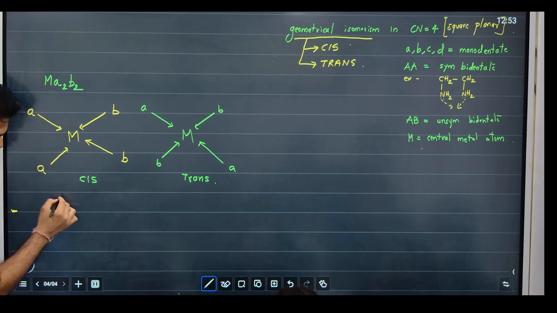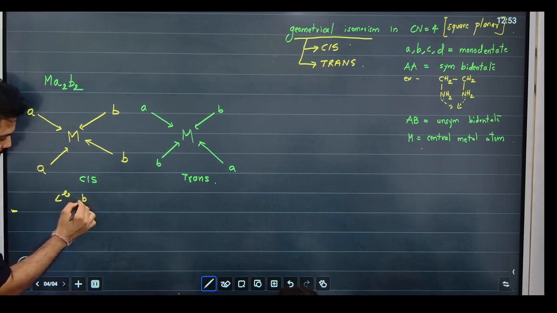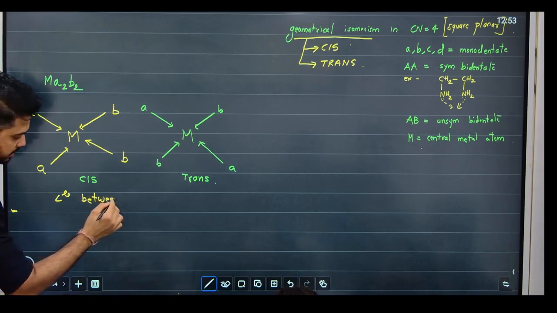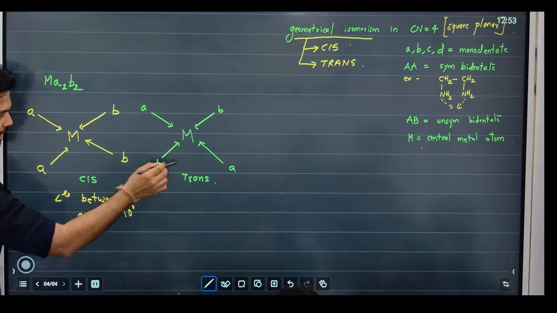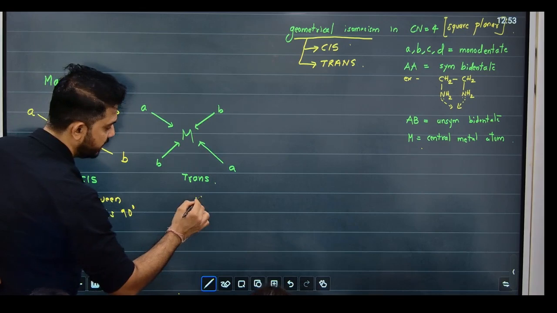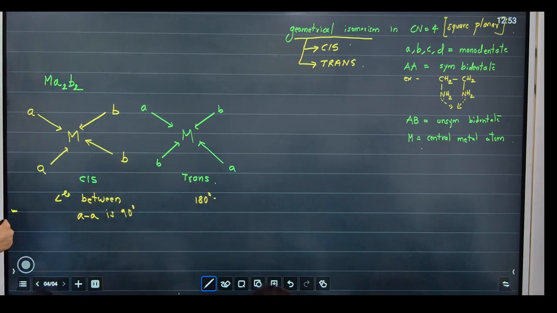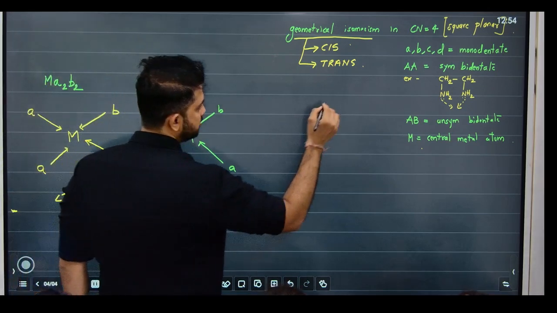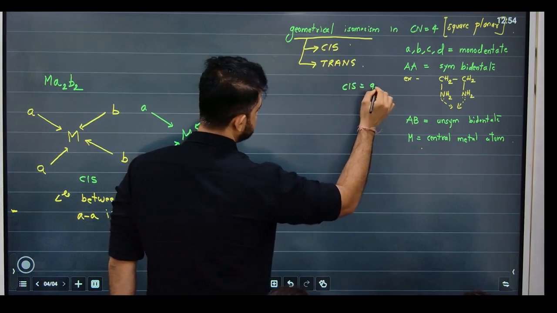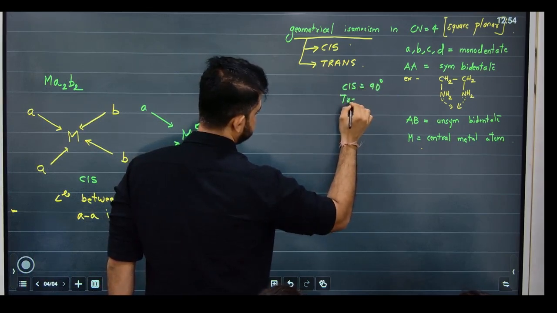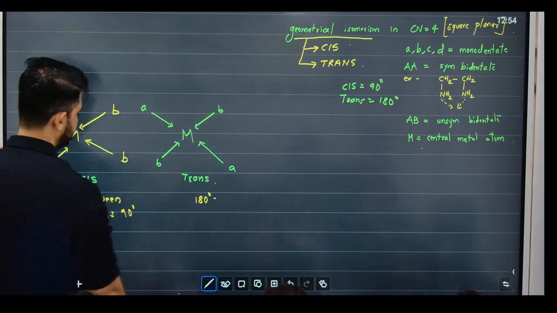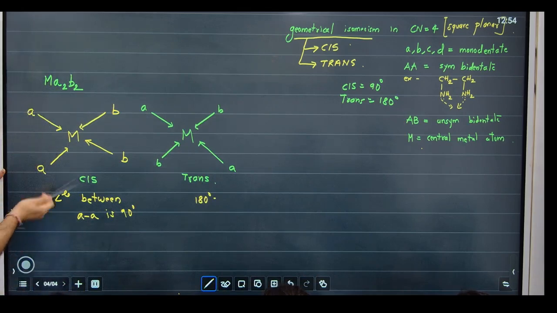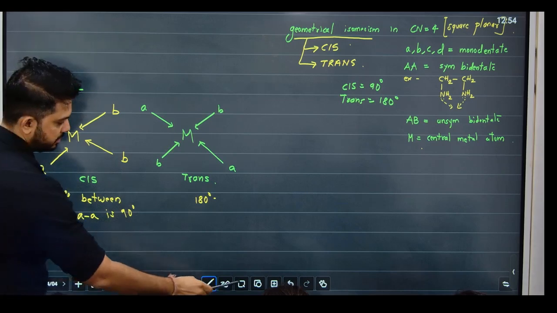So यहाँ पे the angle between A is 90 degrees. What is the angle over here, people? 180 degrees. So cis angle will be 90 degrees and trans angle will be 180 degrees. ये coordination number 4 तो काफी easy है. A on the same side या AA diagonal opposite side.